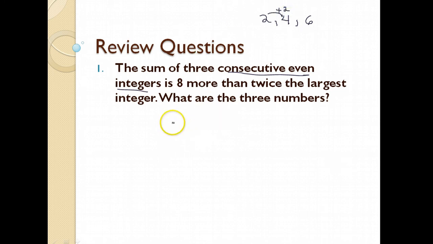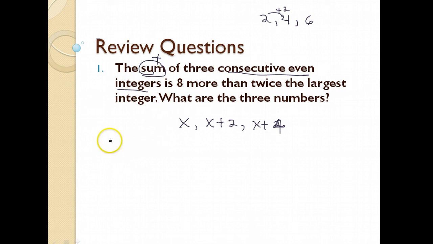So if we don't know the first one, we can call it the variable x. The second one is 2 plus 2 is 4, x plus 2. Each time you're adding an additional 2. The next one is x plus 2 plus 2, which is x plus 4. Sum means to add.